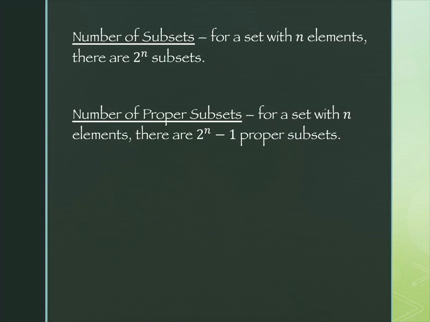And there's 1 fewer proper subsets. Yes. N is the elements. Yep. So n is the number of items in the set. 2 to the n is the number of subsets we can make with them.